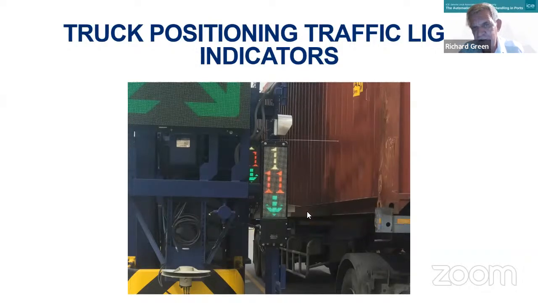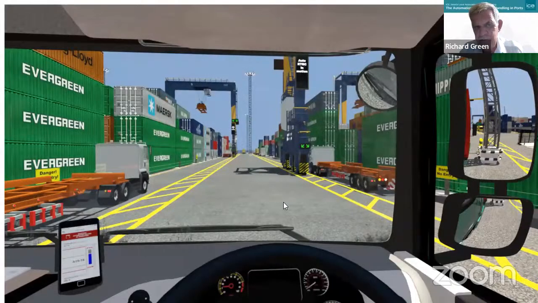So here's the truck with the container on, and here's the signal which is giving advice to the driver whether he can move forwards, which stack he needs to go to, which level he's supposed to be at. So it tells him where the container is and whether he can move forwards.